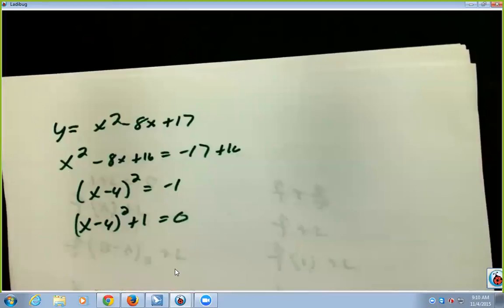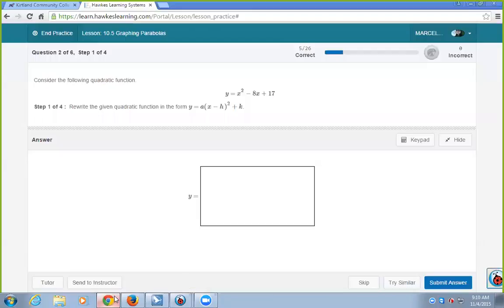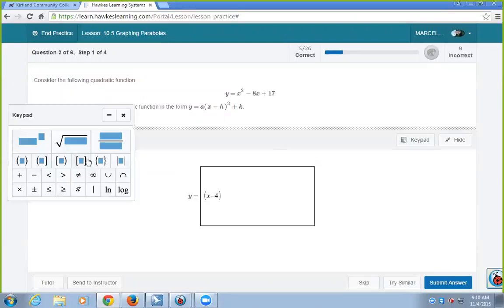So again, it's completing the square and coming up with what that would be. So parenthesis x plus 4, or x minus 4. Pardon? Oh, it didn't. Thank you. Parenthesis x minus 4 squared plus 1.